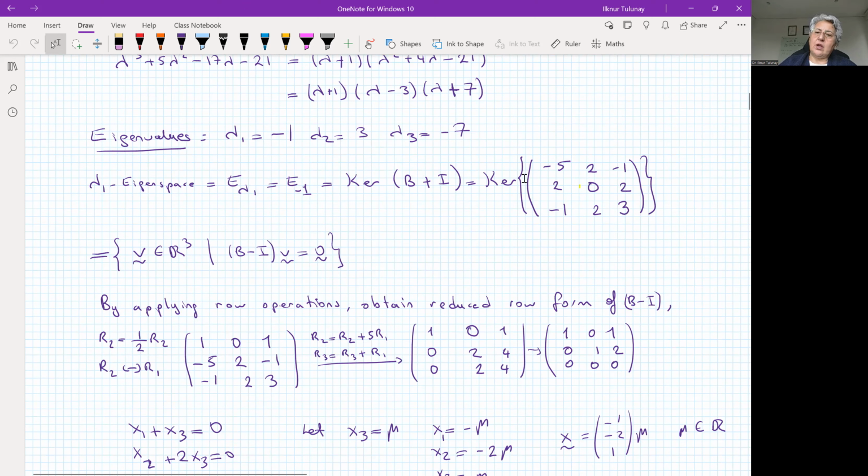By the definition of the kernel space, that is what we are searching for. Our aim is to find a solution of this equation. This is by the theory and by the definition of the kernel. We are looking at what are the three vectors in three-dimensional space satisfying this condition.